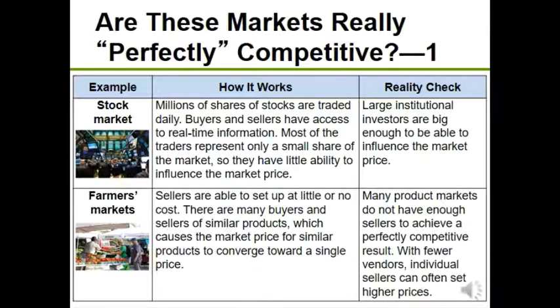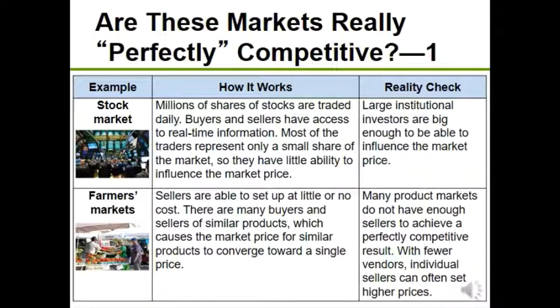So what is a perfectly competitive market? It's one with lots of buyers and sellers, similar goods, price-taking firms, and no barriers to entry. So let's see some examples of quote-unquote perfectly competitive markets and explore what aspects make them competitive and how they might fall short of the perfectly competitive model.